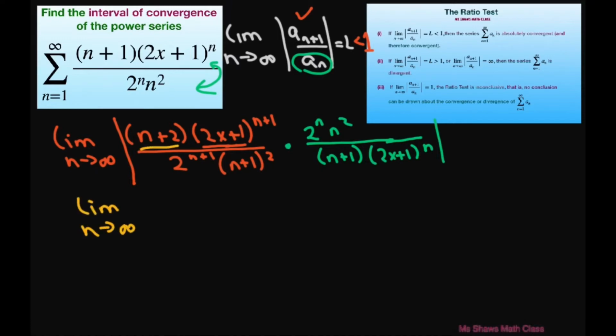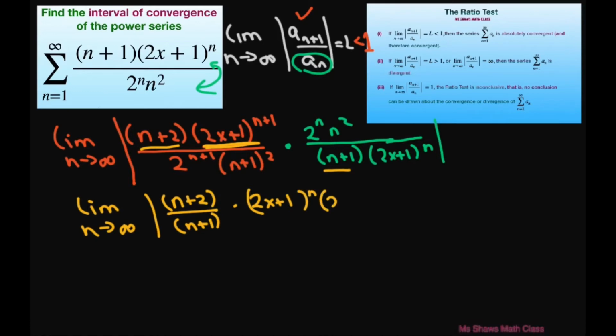So I'm going to group these two together, and that's going to be n plus 2 divided by n plus 1. All right, and let's group the x parts together. This is going to be 2x plus 1 to the power of n times 2x plus 1, divided by 2x plus 1 to the power of n.